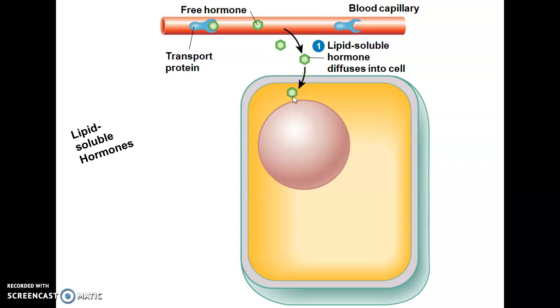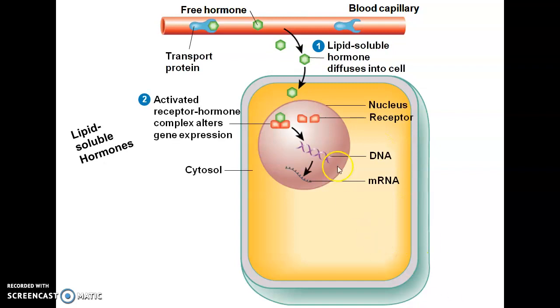Sometimes it will find the receptor in the cytoplasm, or sometimes inside the nucleus. Once it finds the receptor, it binds to it, forming a hormone receptor complex.